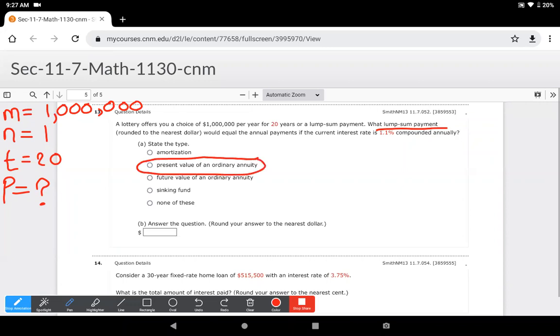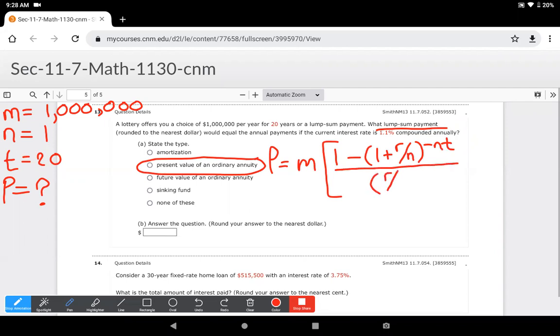So here we're going to have P equals M times 1 minus 1 plus r over n to the negative nt, all over r over n. Okay, so that's the formula. We have n, we have t, we have m. That's all that we have here. We still need r from the list.